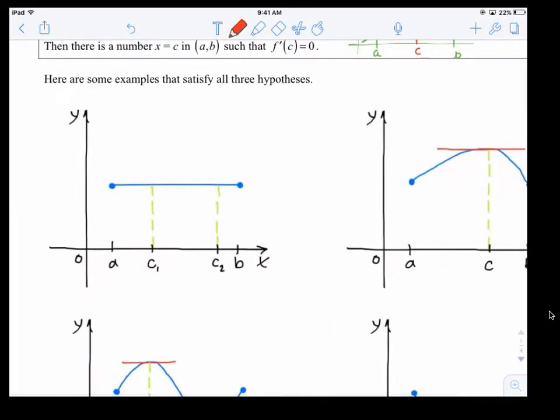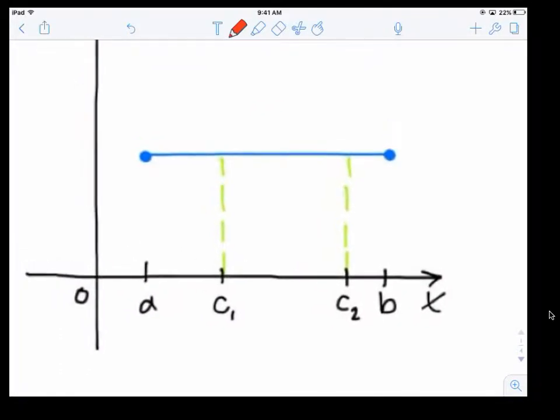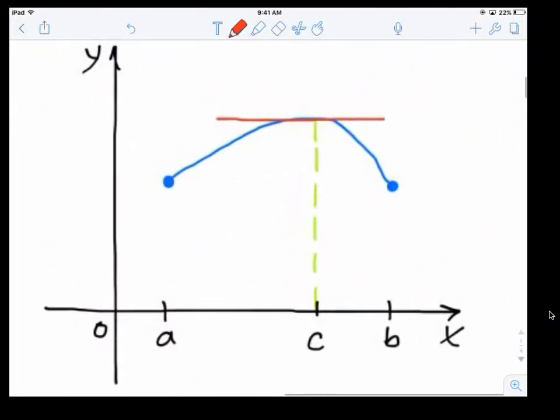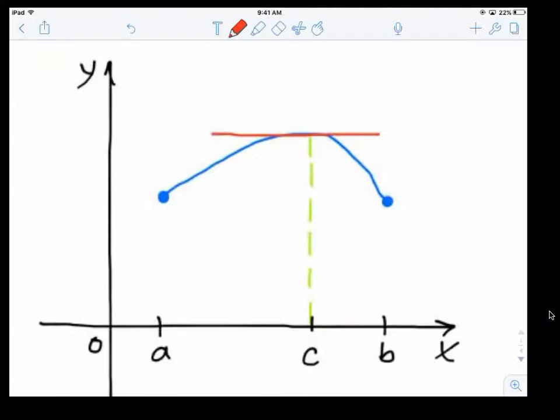So if you look at the first one, A and B are the same value. So really I could have infinitely many values in between that give me a horizontal tangent, because it's a horizontal line. The next one kind of looks like the one that I just did. If you have the same value, if it goes up, it's got to come back down in order for it to be the same value. So right here, this is where you have a horizontal tangent. That's where your derivative is equal to 0.